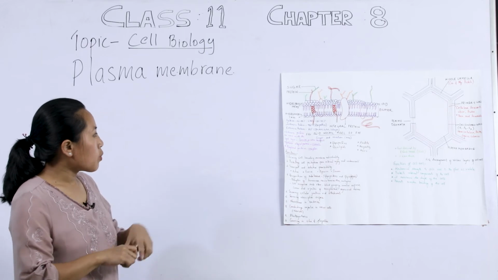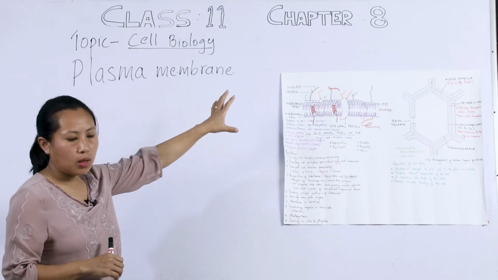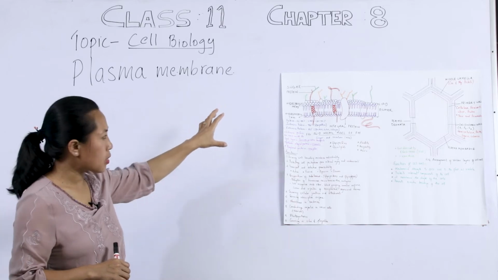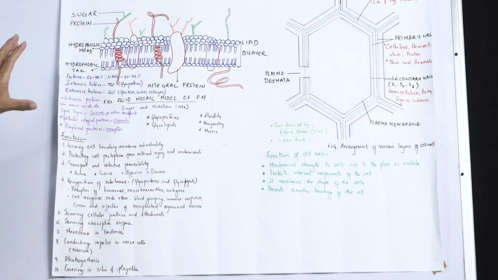This type of structure is present in prokaryotic cells, eukaryotic cells, plant cells and animal cells, and later on we'll discuss that the membranes of mitochondria and chloroplasts also have this structure.